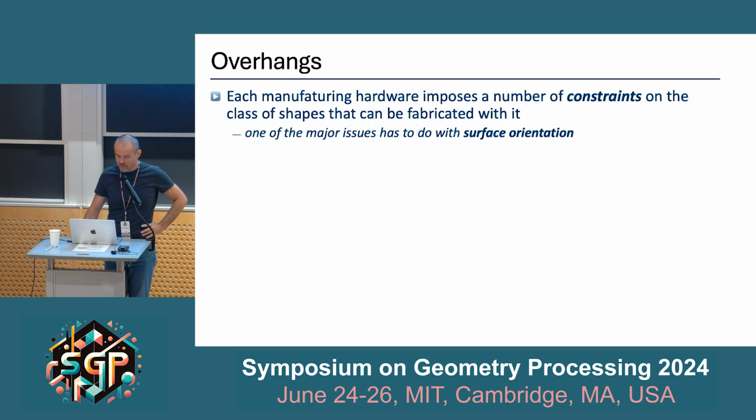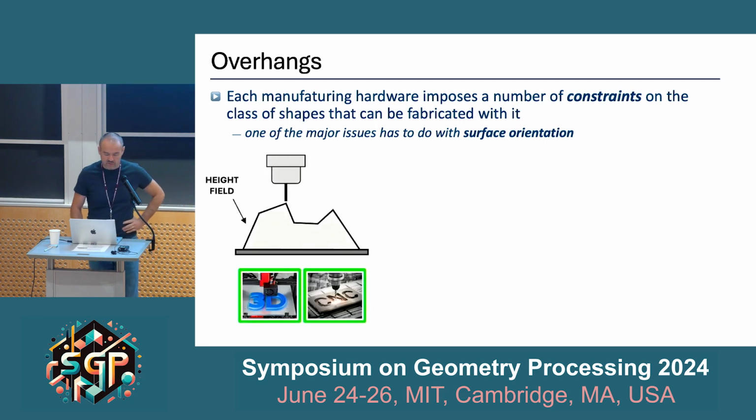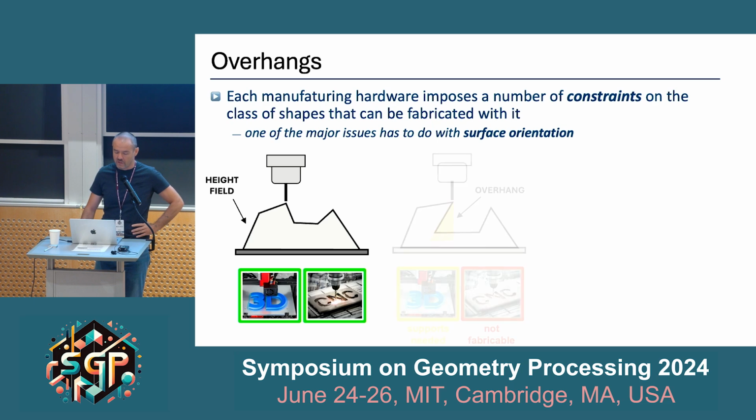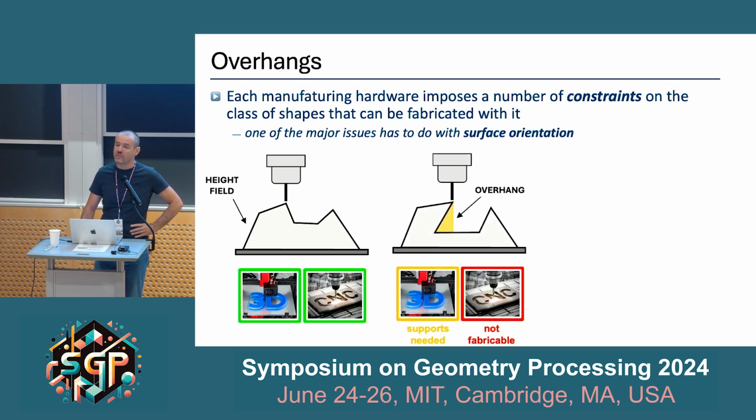and the functionality of what you print is no longer what you want. And a big issue with fabrication technology, with layered fabrication in particular, is the presence of overhangs in your models. Overhangs are parts of the model that, for example, if you use subtractive manufacturing, prevent you from reaching some of the parts that you need to carve.